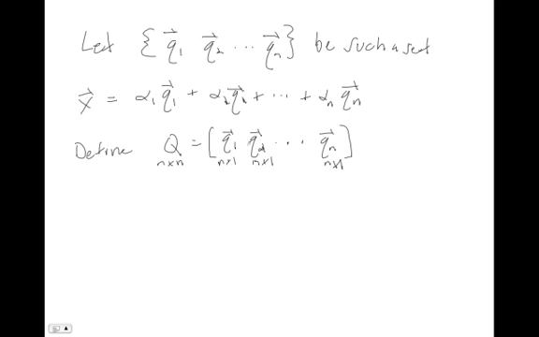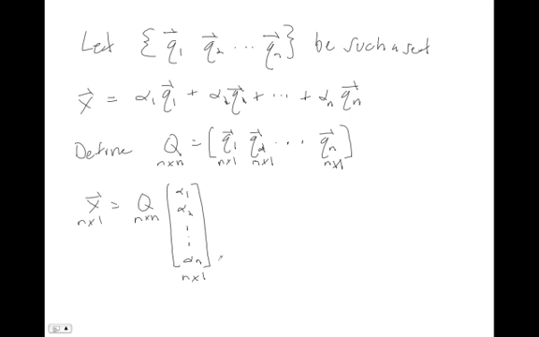So I structure my basis set in this matrix, and then I can always think of this vector x as some linear combination of the columns of this matrix. I can write it as this Q matrix, which is an n by n thing, times an n by 1 vector of scalars, alpha 1, the same from up above, alpha 2 down to alpha n. When you do the matrix-vector multiplication, you'll see that this equation works out to the exact same equation for x up above.